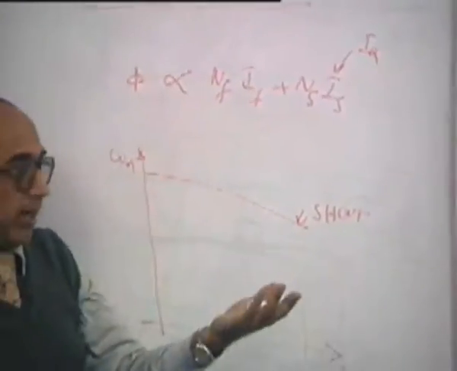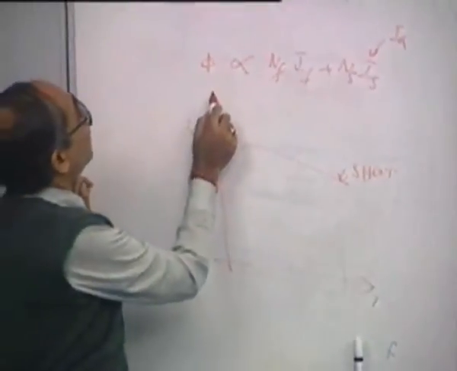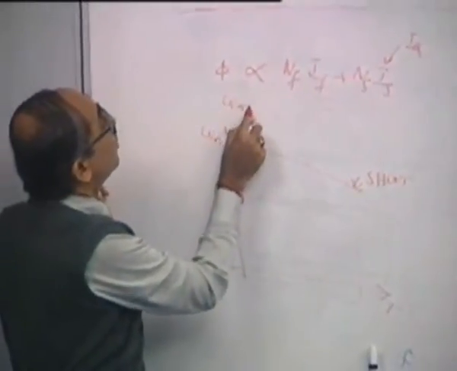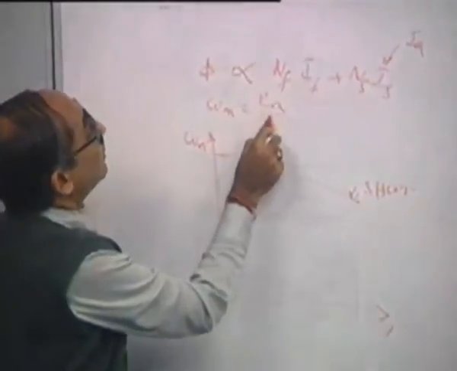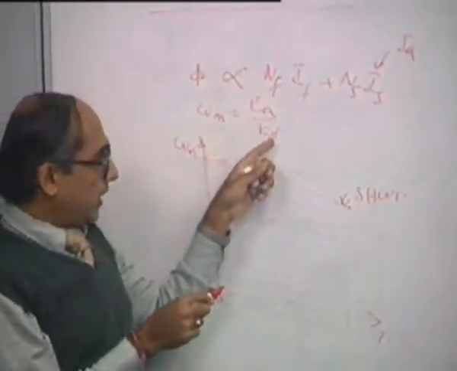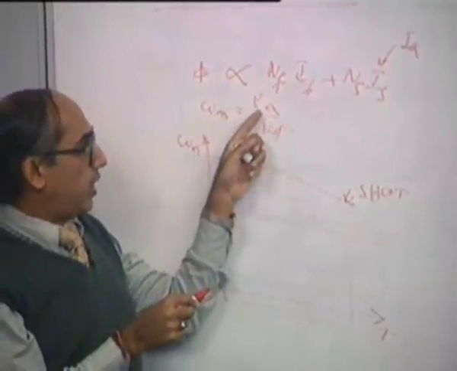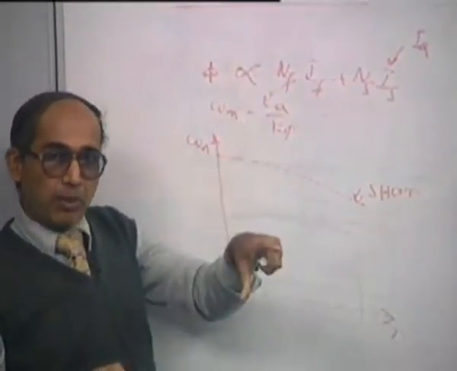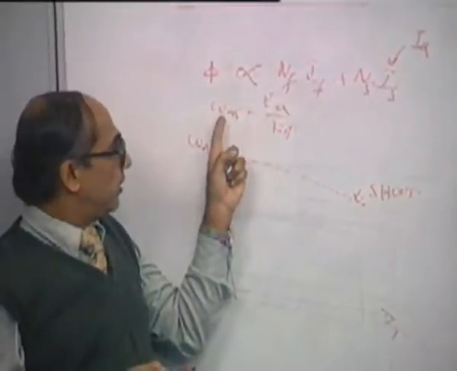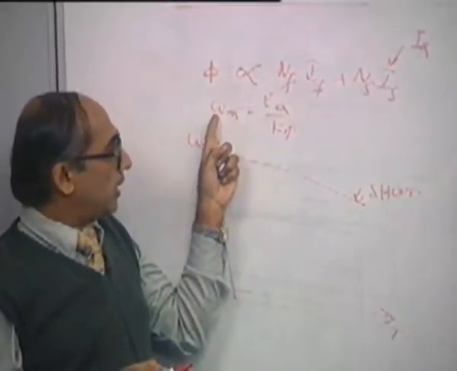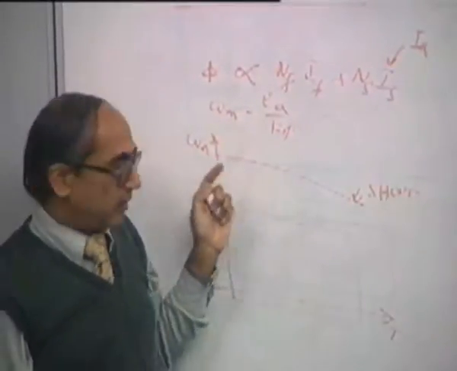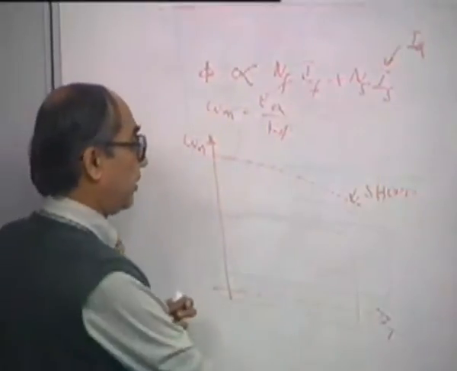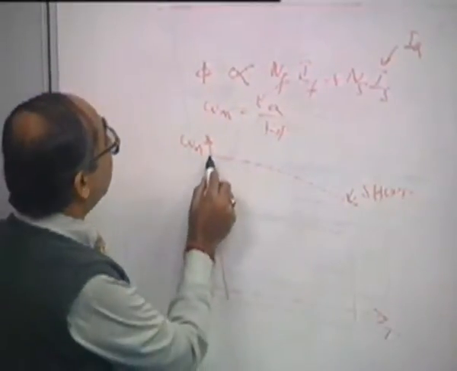When you increase the flux, we also know that the speed is equal to EA by K phi. So when there is an increase in flux for the same applied voltage, there will be a decrease in speed. So cumulative compound will have a characteristic like this.